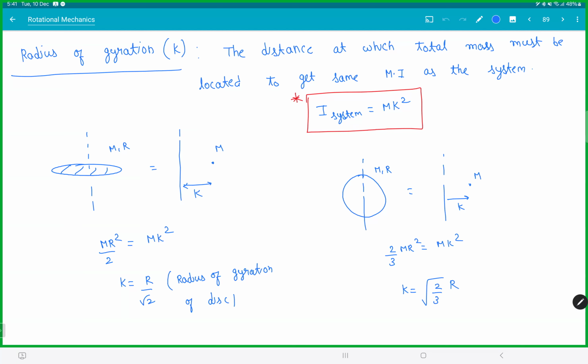The first thing, the no slipping condition. When do you say two bodies are not slipping? We have done this in friction before.